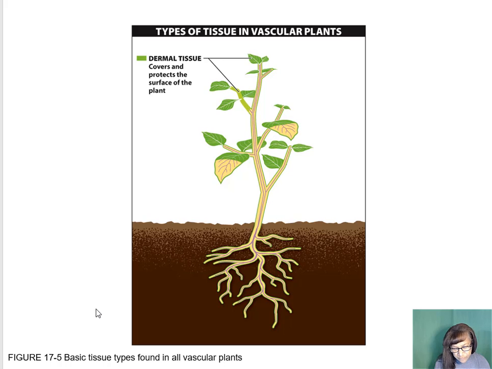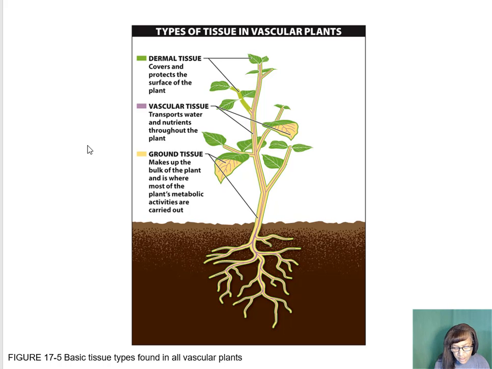Number one, we've got dermal tissue, and it's shown here in this greenish color. The dermal tissue covers and protects the surface of the plant, just like our dermis does. Then plants have vascular tissue, just as we have vascular tissue. Their vascular tissue transports water and nutrients throughout the plant. They also have what's called ground tissue, and this makes up the bulk of the plant, and it's where most of the plant's metabolic activities are being carried out.